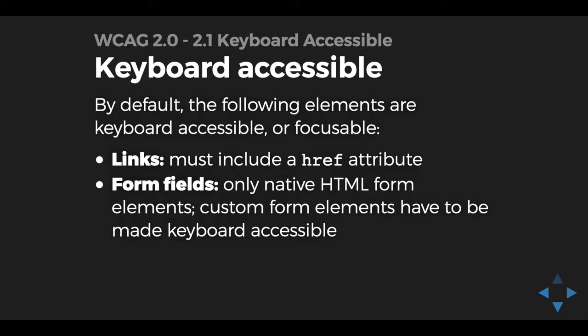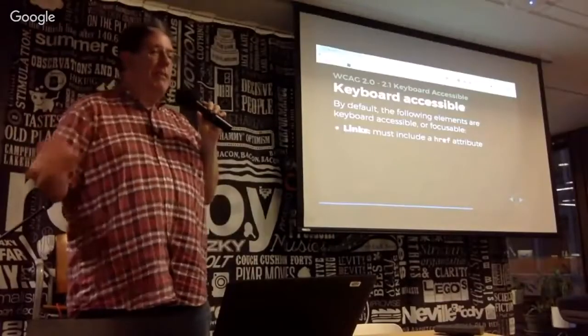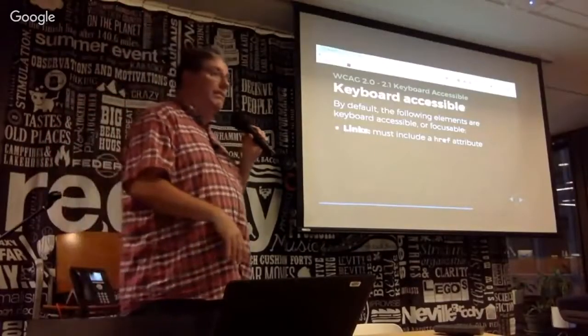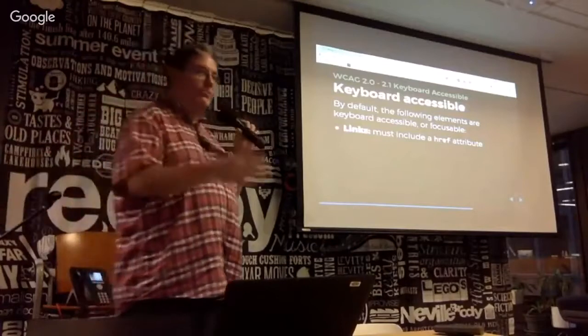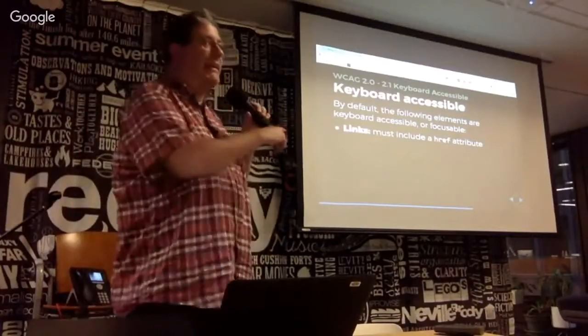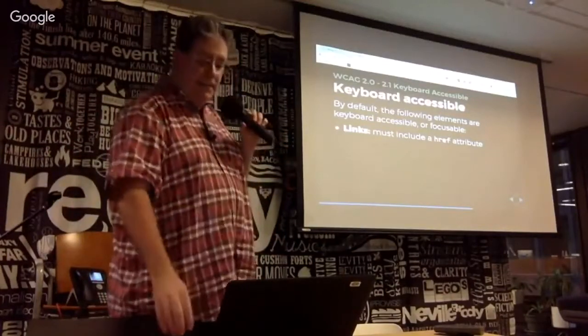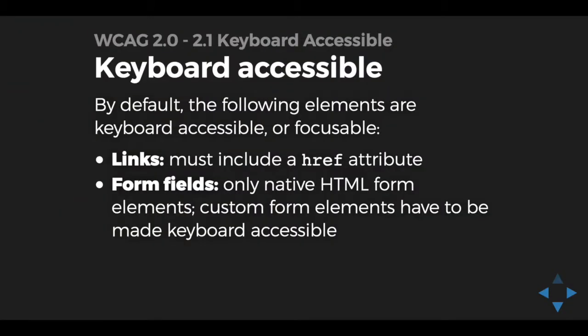There's two main things that are focusable by default: links, and that's only if they have the href attribute. I cannot tell you how many times I've run across links that have onclick but no href. You can't get to this via keyboard if you don't have href. Form fields, custom form fields, they're all the rage.